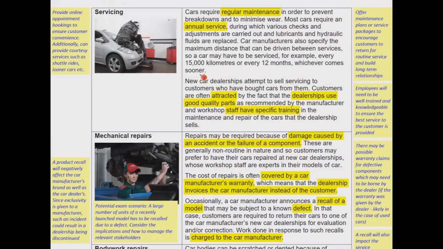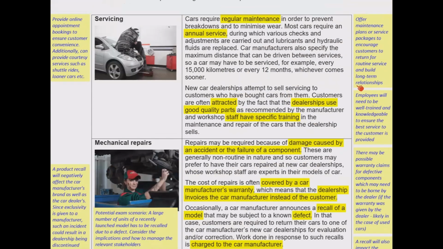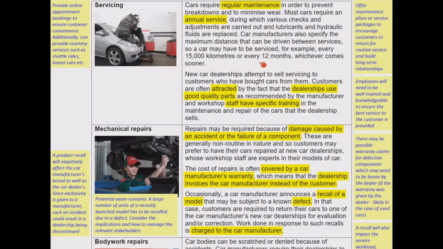Now, to do that, of course, we're going to have salesmen who are experienced about offering that servicing option and explaining what it involves. And the customer is only going to come and have the car serviced if the quality of the servicing within the workshop is good. So again, just thinking here about conflicts between departments, if you like.